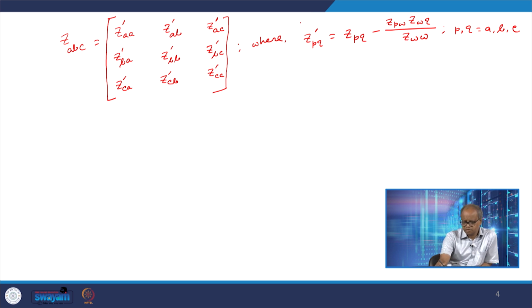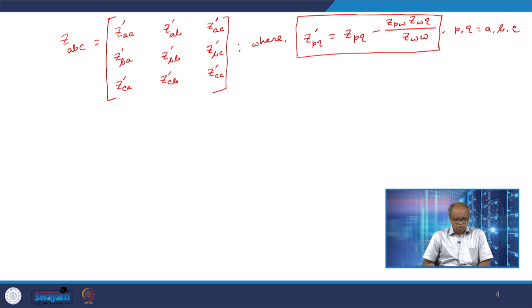So this expression is actually the general expression of all the elements of this final impedance matrix. Now here one thing we need to know, that in the presence of a ground conductor, the impedances do get reduced.